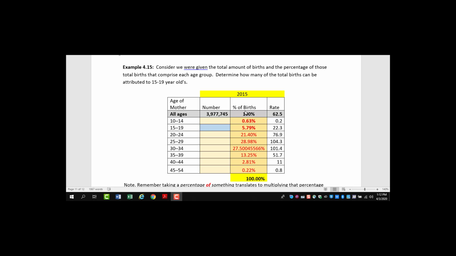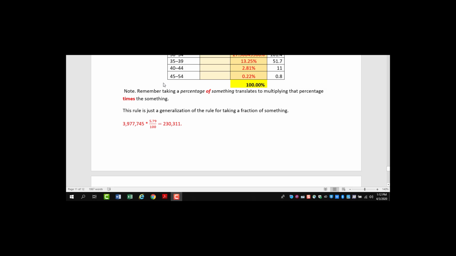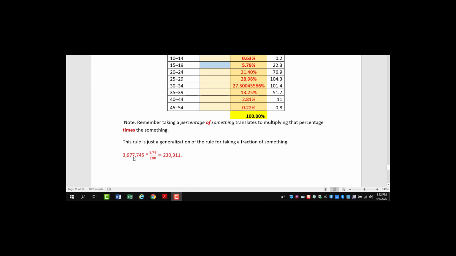Well, we know that of the total amount of births, there is 5.79 of those births out of 100 births total attributed to 15 to 19-year-olds. So we need to find this number. So we're kind of going backwards. So watch this. We're going to take the total amount of births and just find 5.79% of it.